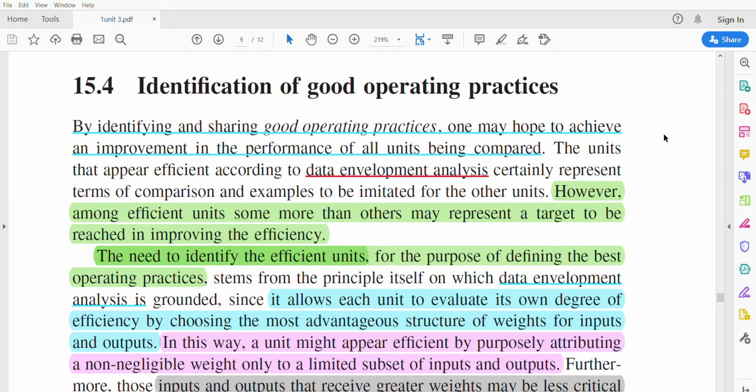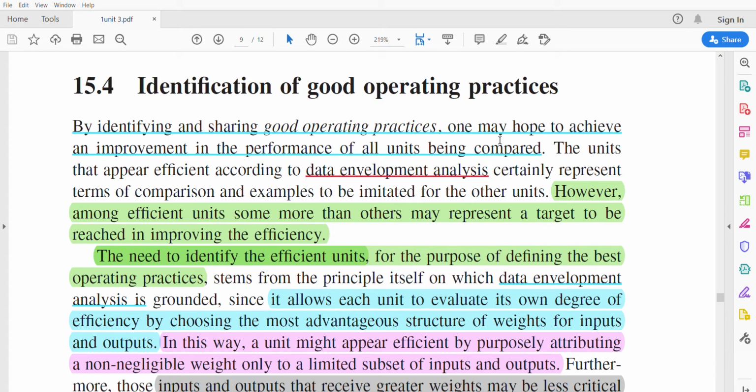Hi students. In this session, we are discussing identification of good operating practices. In BI, the goal and target is to achieve improvement in the performance of all units being compared.